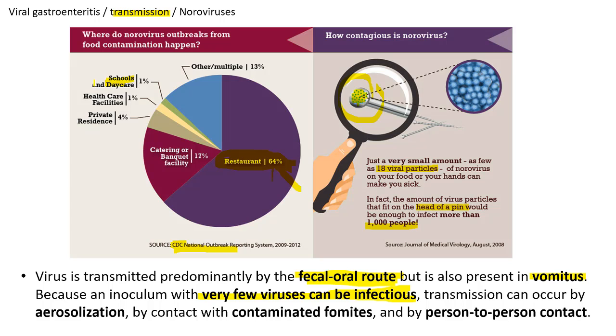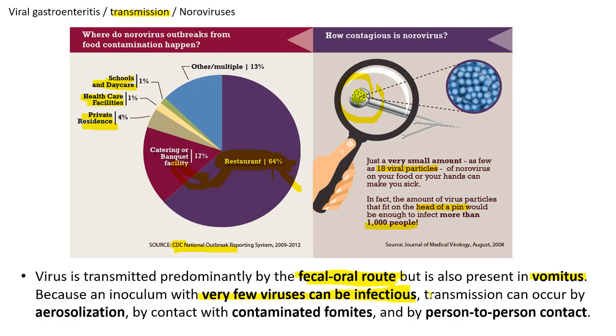Also, there are schools and daycare, healthcare facilities, hospitals, for example, and sometimes private residences. Catering or banquet facilities, similar to restaurants, give the majority of outbreaks. Okay, so a highly contagious virus spread through the fecal-oral route, but also found in the vomit.